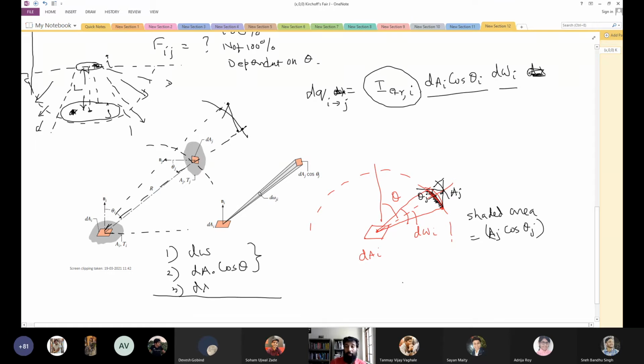And d omega equals the shaded area divided by R squared. So dQ_ij equals I_e+r dA_i cos theta_i, and instead of d omega I'll write this.